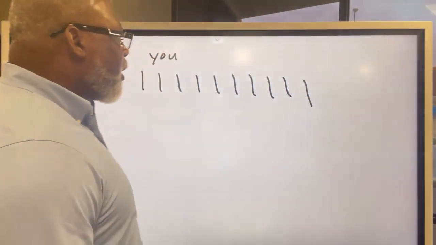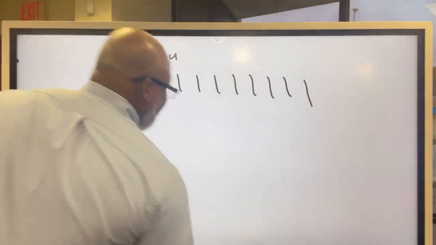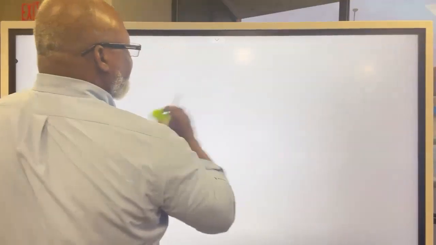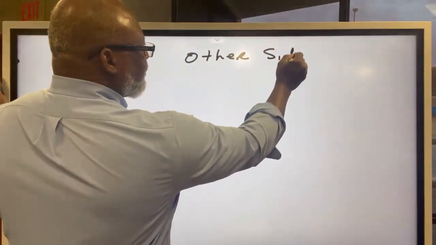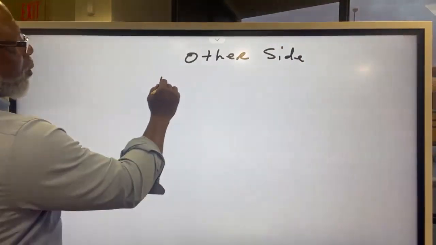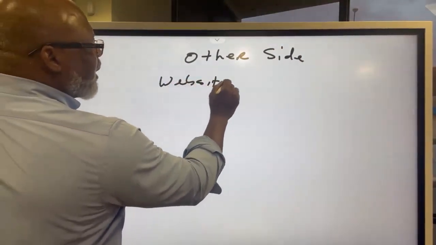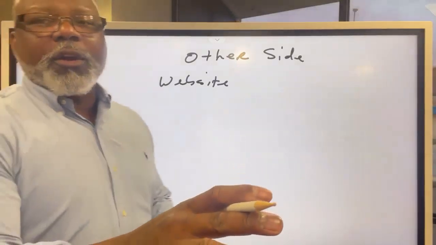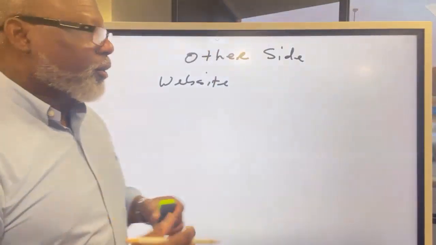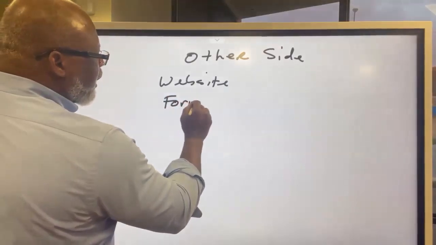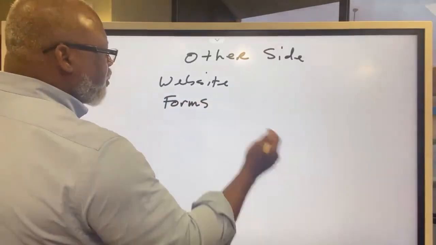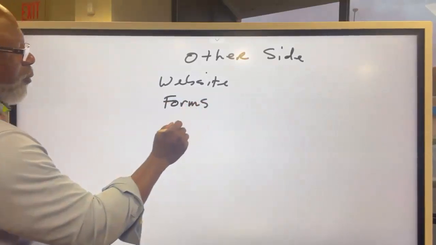So let me draw it out for you. This is what I mean by the other side. So we got the other side. The other side is the website. And I'm not saying that this stuff isn't important, but what I'm saying is this is where the focus is. You got the website, you got the forms, if you have them with papers or the web or forms on your website.